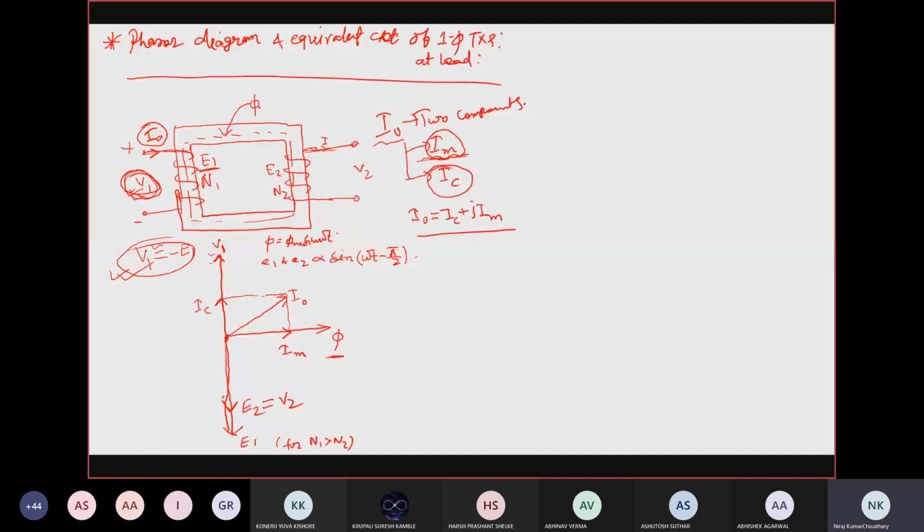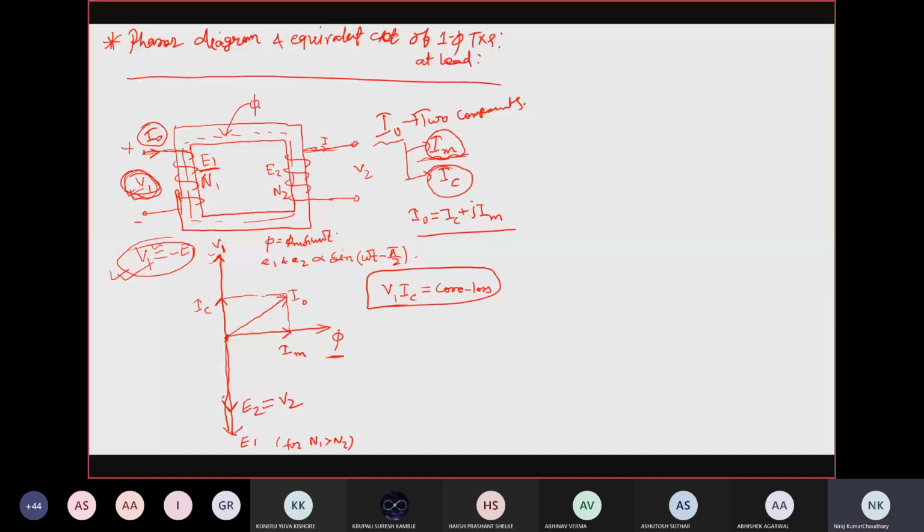IM is responsible for the production of the flux in the core of the transformer, which basically links both the windings, right? And this IC is responsible for the core loss taking place in the transformer. So basically, the product of V1 and IC will give you the total core loss taking place in the transformer, right?